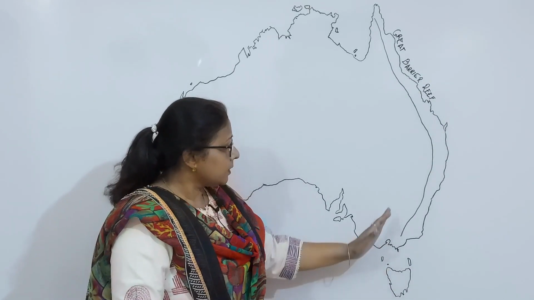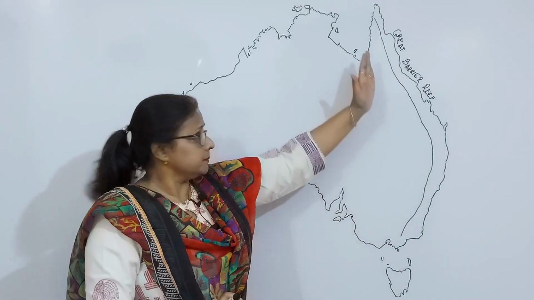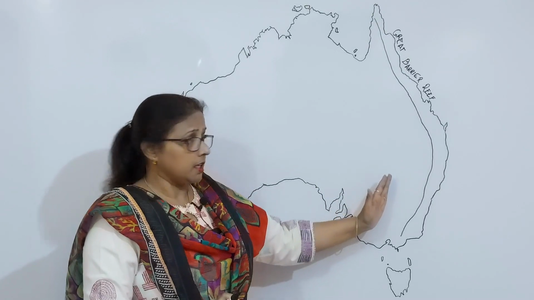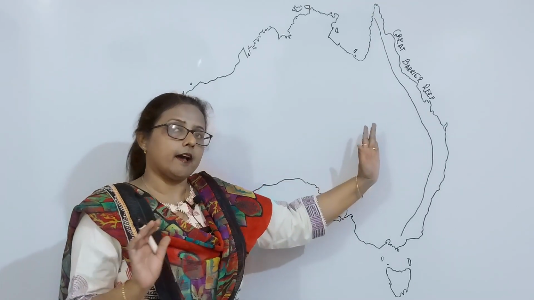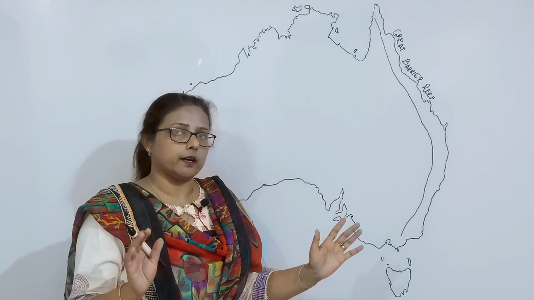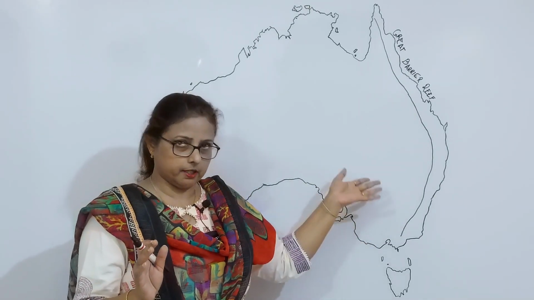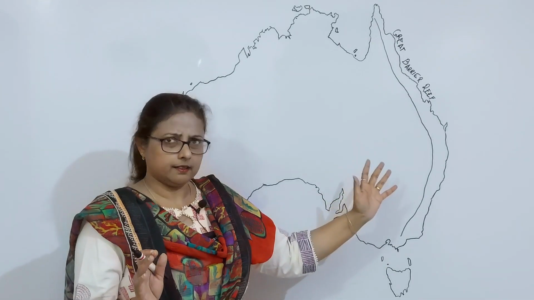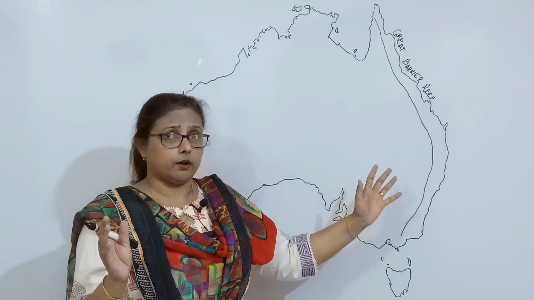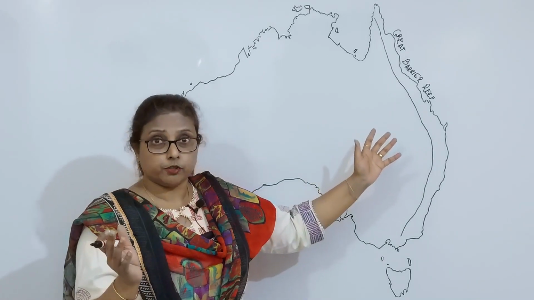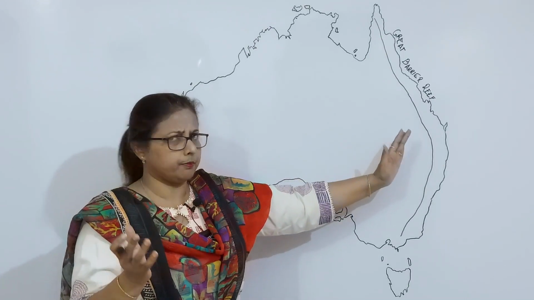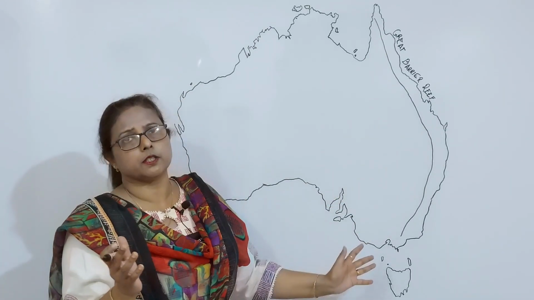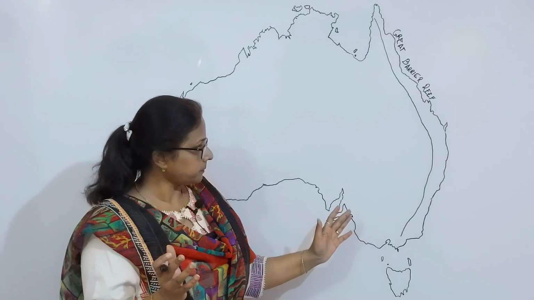This Great Dividing Range is a highland having an average of about 2,228 meters above the sea level. So not very high like the Himalayas or the Rockies or the Andes which you have learnt, but nevertheless pretty high, about 2,000 meters above the sea level on an average.